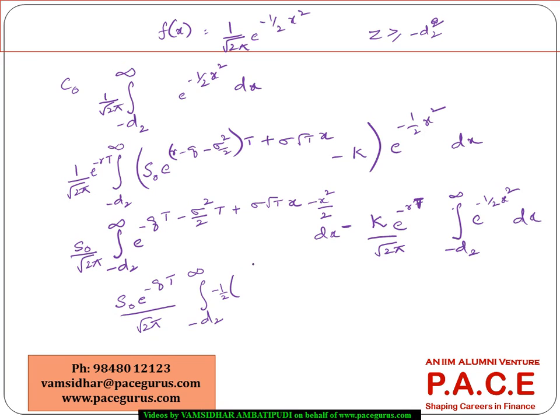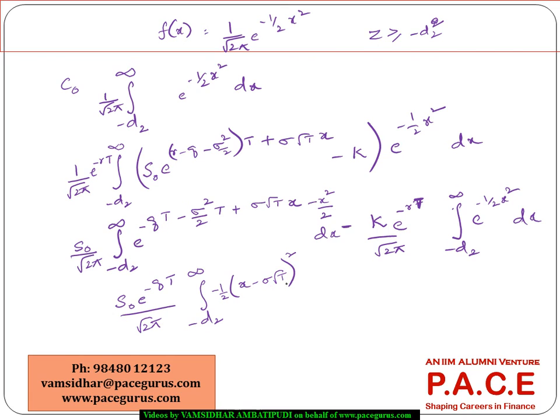So it typically becomes x minus sigma root t whole squared. Just write out x squared by 2 minus 2x sigma root t by 2, so x sigma root t, plus sigma squared t by 2.